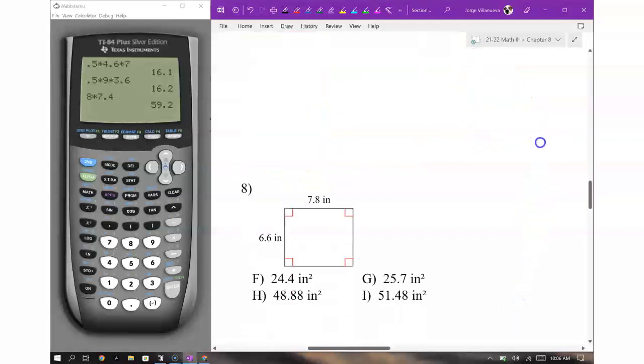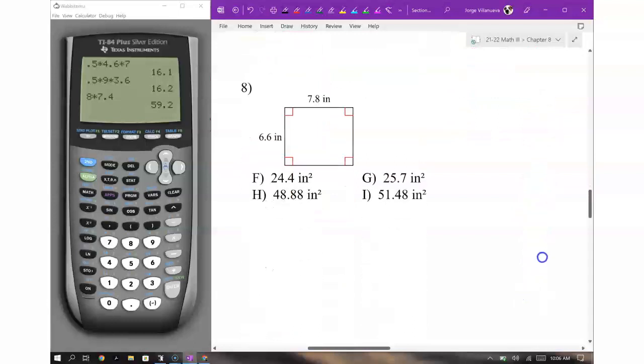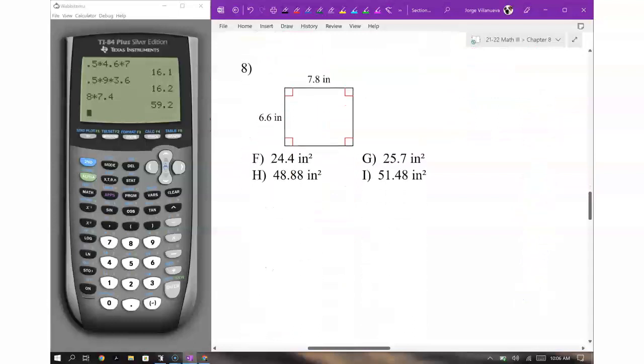So let's do one more of these, and I think we're going to move over to trapezoids, I think. So again, this kind of looks like a square, but it's not, right? It's a rectangle, 6.6 by 7.8. What's my base for this? 7.8. That means that my height has to be 6.6. So area is 7.8 times 6.6.